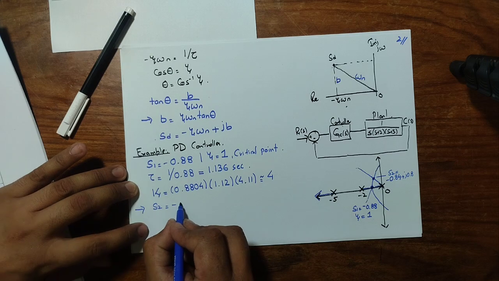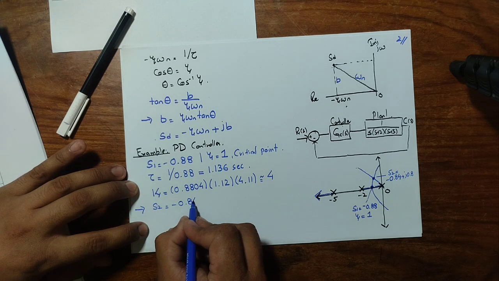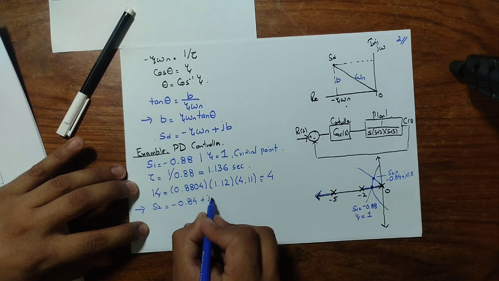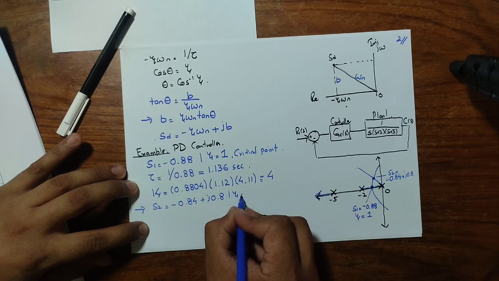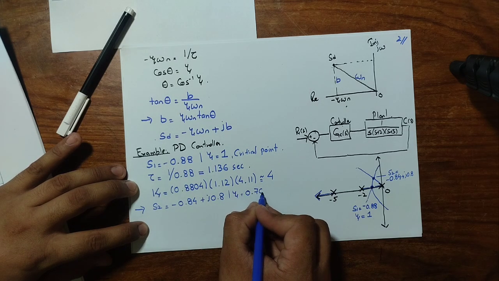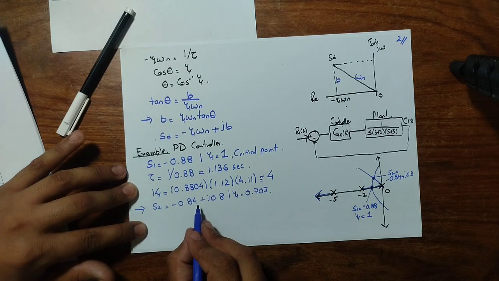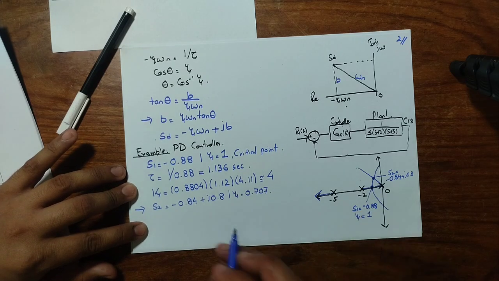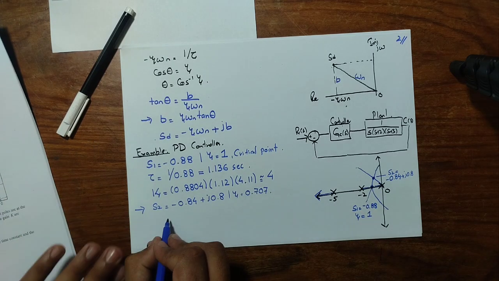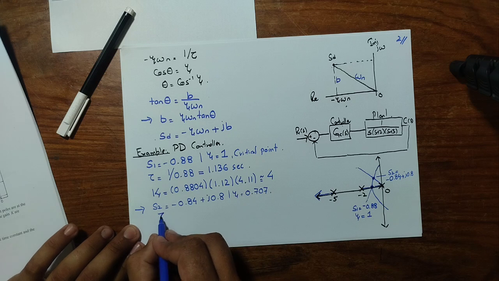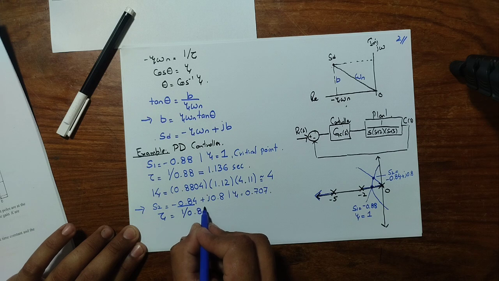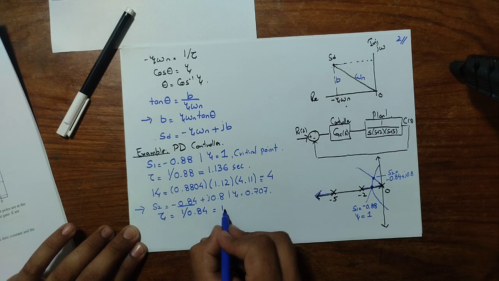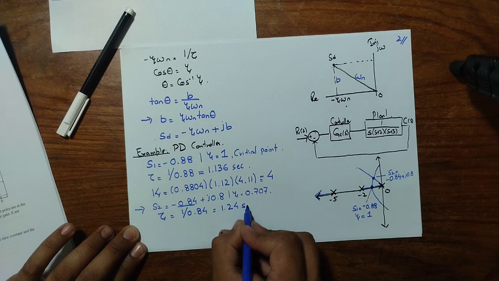S2 is a point on the root locus where zeta is equal to 0.707. Obviously it is not a critical point, but an underdamped point. We can find the time constant here, which is 1 over the absolute value of the real part, and this is equal to 1.24 seconds.